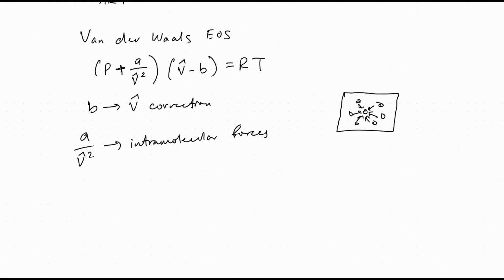Now, of course, if you get A equals 0, B equals 0, then this just simplifies to PV hat equals RT, which is basically just the ideal gas law, right? So essentially van der Waals is very simple. It's the ideal gas law plus two physical corrections that will allow you to change the value.